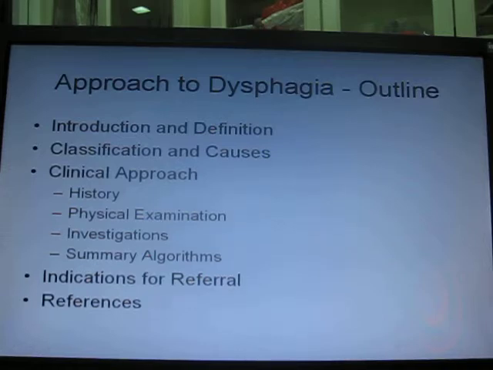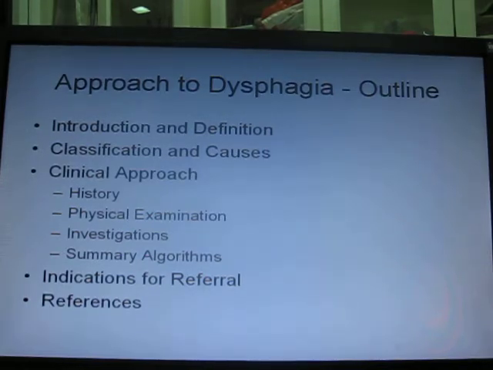Before we start, I have an outline here. I'm going to introduce and define what dysphagia is. Then after that, before we have any approach, we must always know the possible causes before we can approach anything. So I'll be talking about the causes.